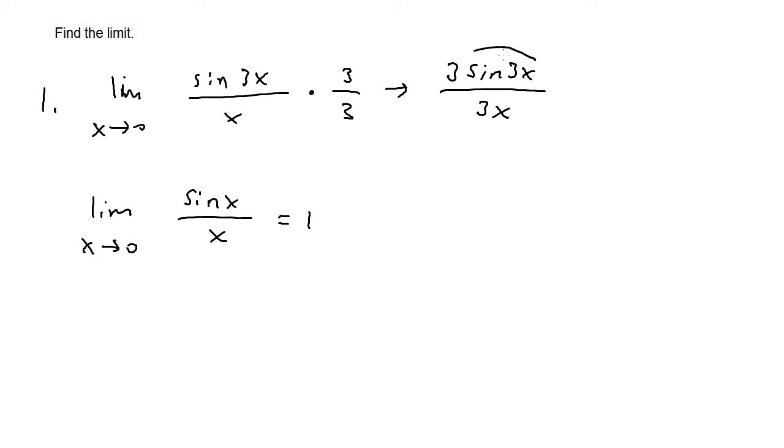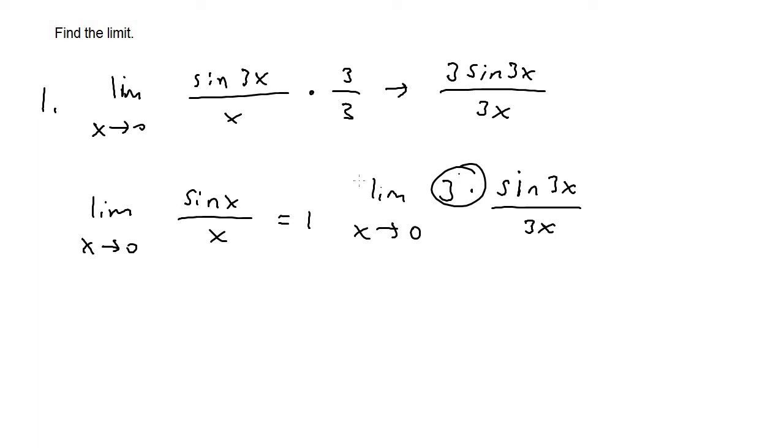So now I can separate this into 3 times sine of 3x over 3x, and rewrite the limit as x approaches 0. Now 3 is just a constant, and because it's a constant, it can come outside of the limit, so I can rewrite it as 3 times the limit as x approaches 0 of sine of 3x over 3x.